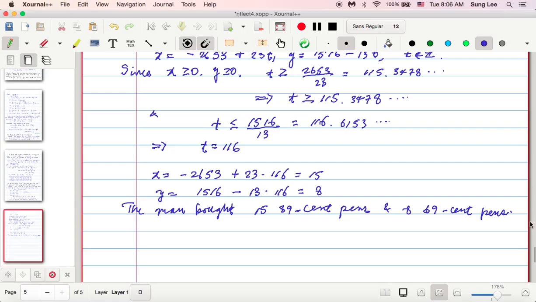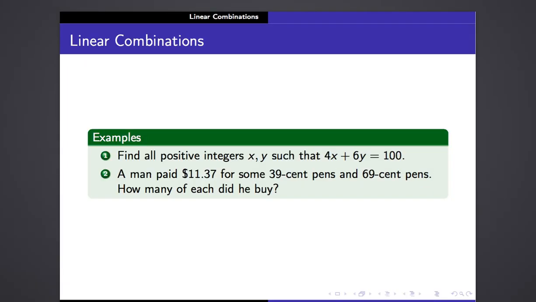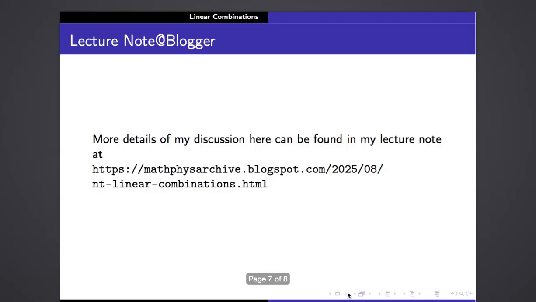Okay, so that's the solution to this example. Okay, so this is it.